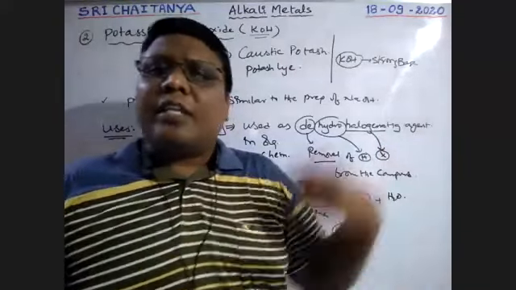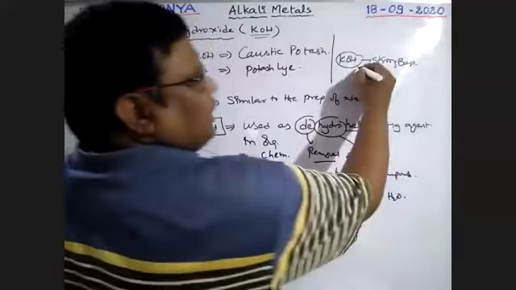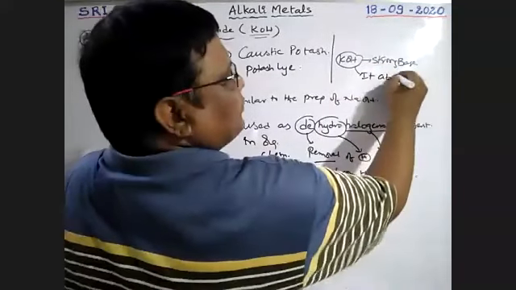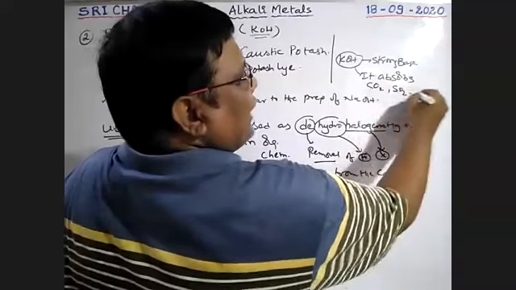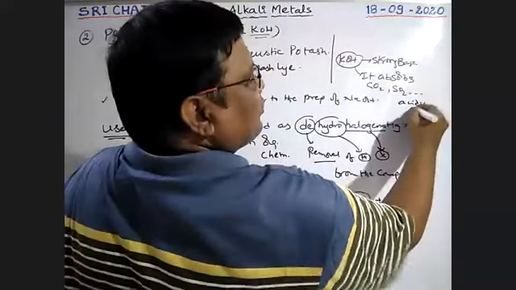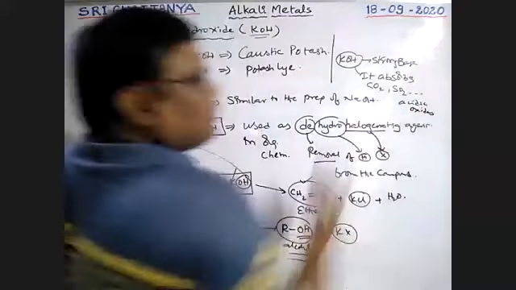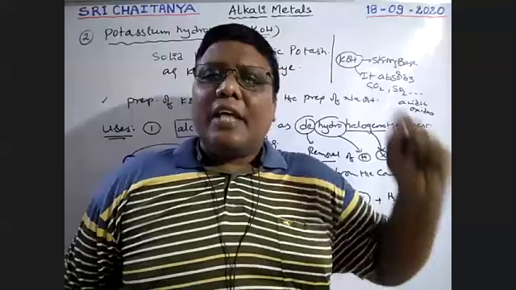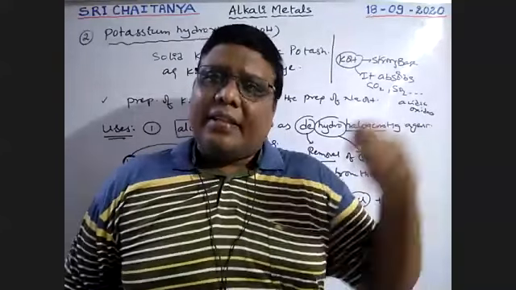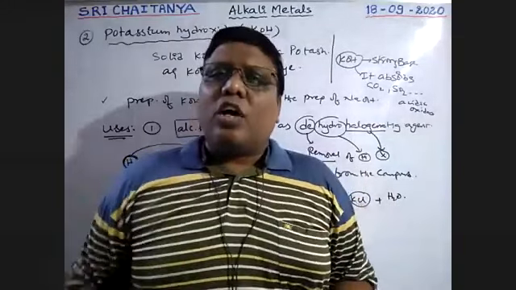CO2 and SO2 like acidic oxides are absorbed by KOH because it is a stronger base than NaOH.